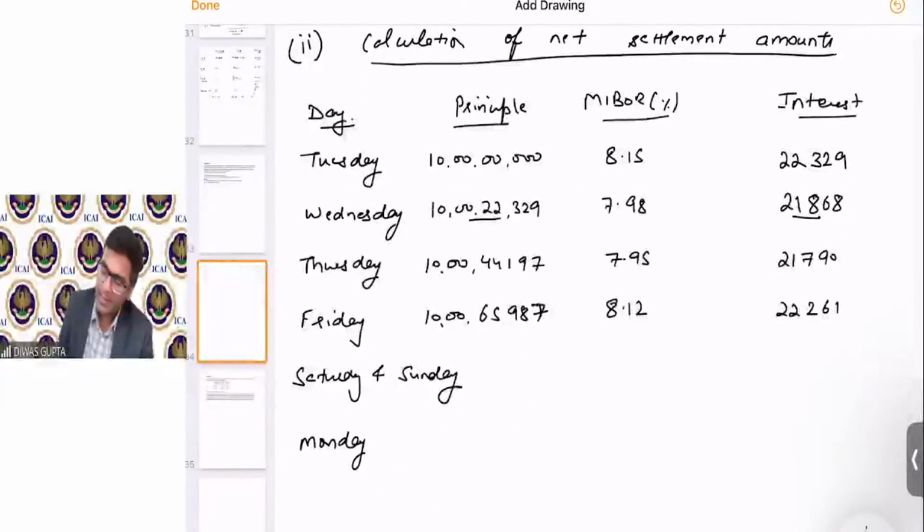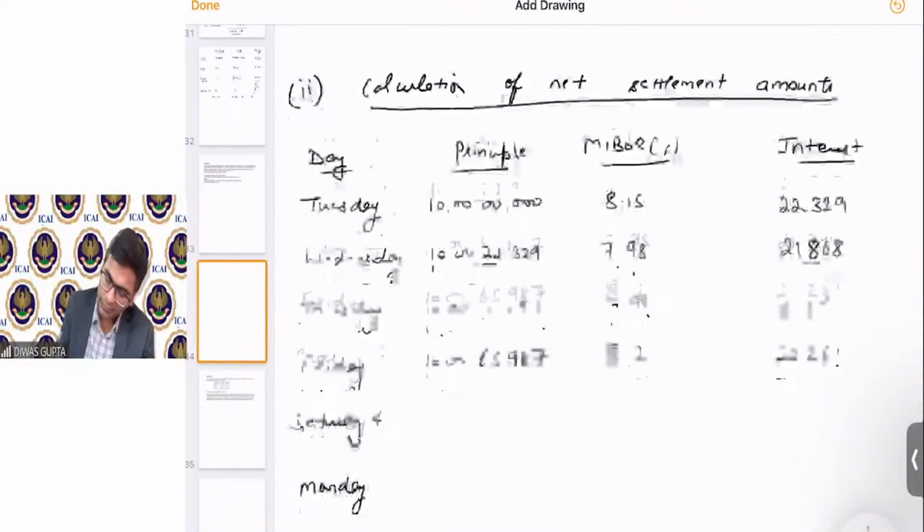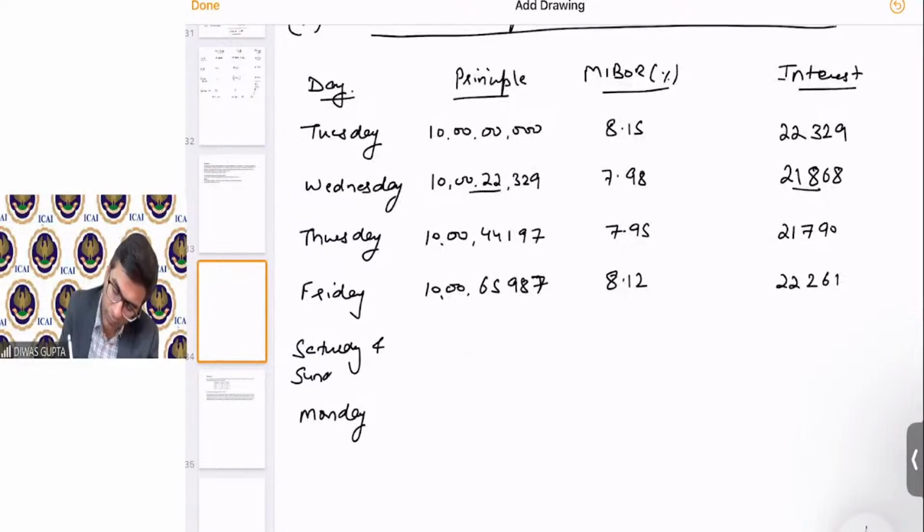Now for Saturday and Sunday, what will happen? It will get added again: 10 crores, 88,248. Here the interest rate of 8.15 will be applied for 2 days, students.